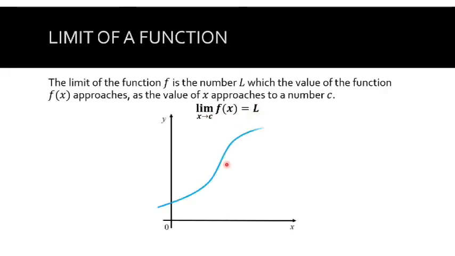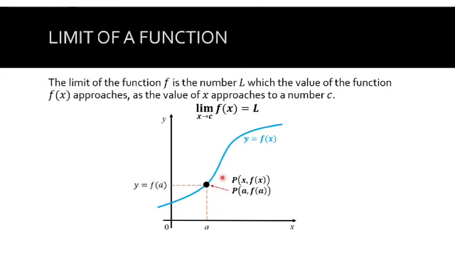So in graph, given the graph of the function y is equal to f of x, any point on the graph has a coordinate x, f of x. And if the value of the x coordinate is equal to a, the coordinate of the point is a, f of a, which is our y coordinate equal to f of a, the function value where our input is a.